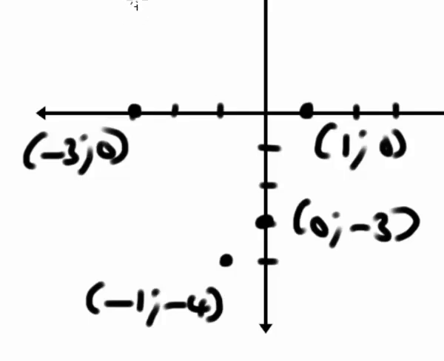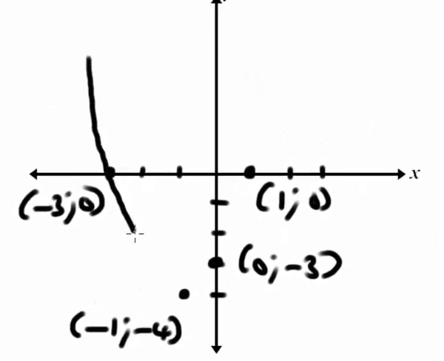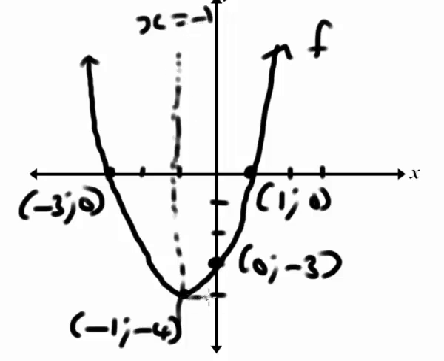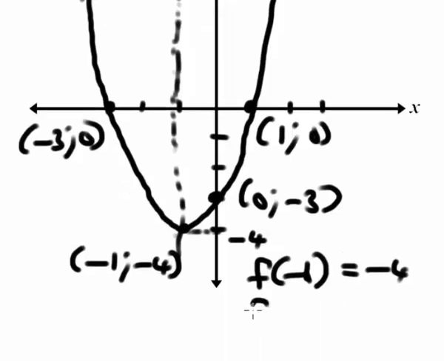Of course it's happy, so your parabola comes down, up we go and turns, and that would be the graph of the parabola with its axis of symmetry through negative 1 here. That is x equals negative 1. Your y value here is negative 4, and the gradient of the tangent is 0 at this point. Remember, f of negative 1 is negative 4. It's the y value corresponding to x equals negative 1. But the gradient at negative 1 is naught.